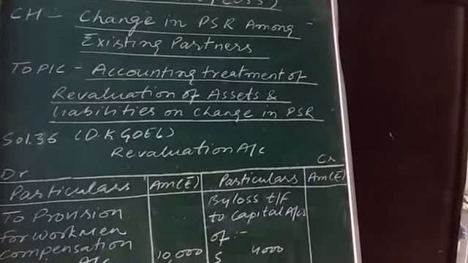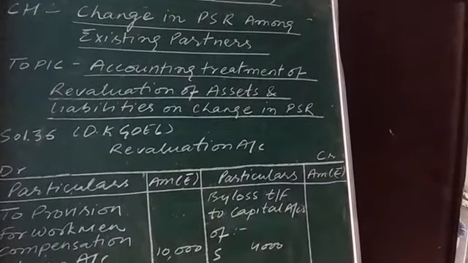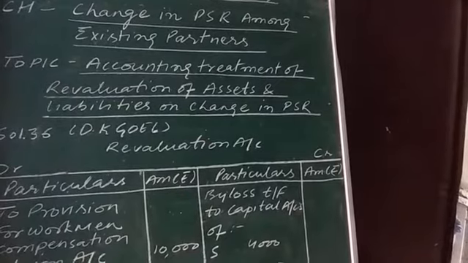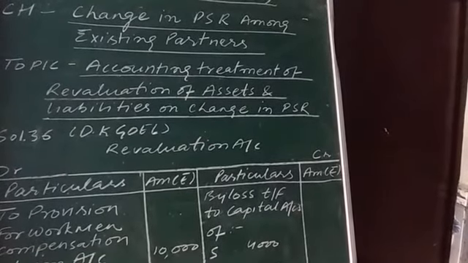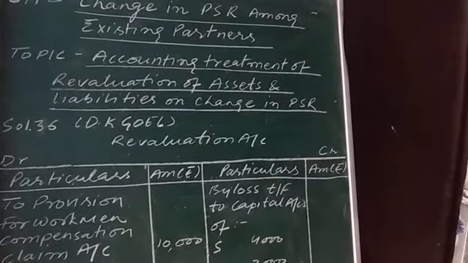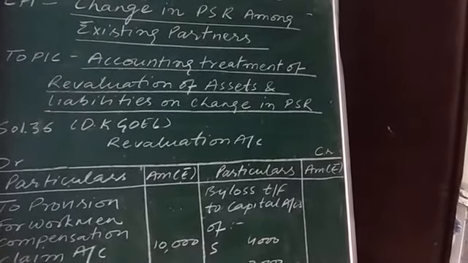If you know only one item's treatment, that is, the increase in liabilities is shown on the debit side, then what you have to do is vice versa.